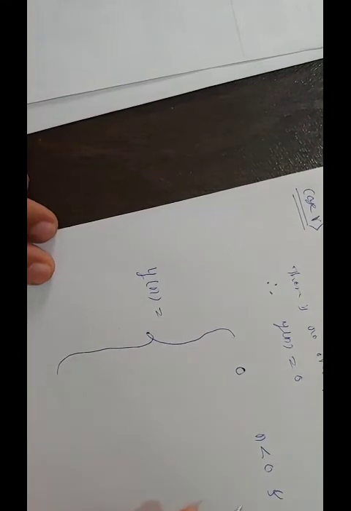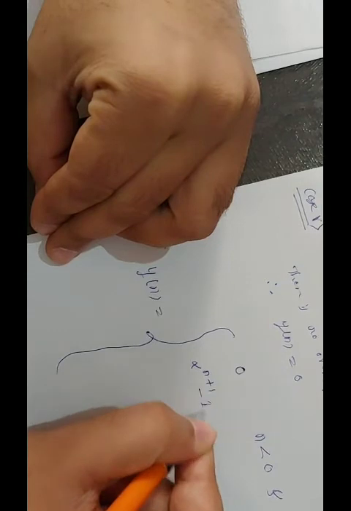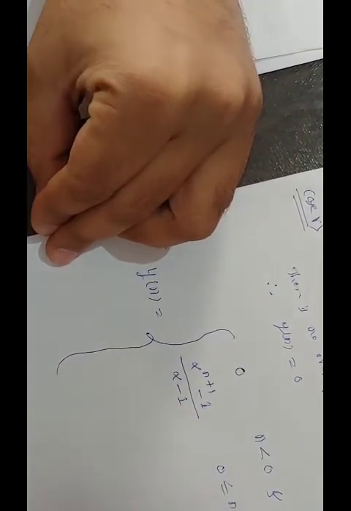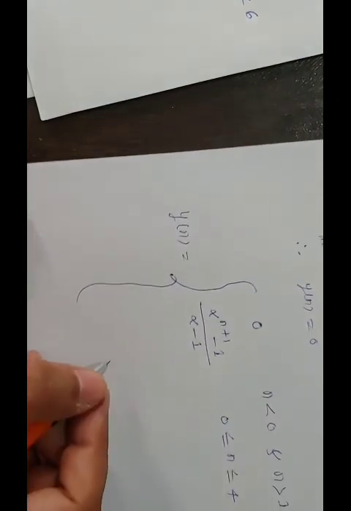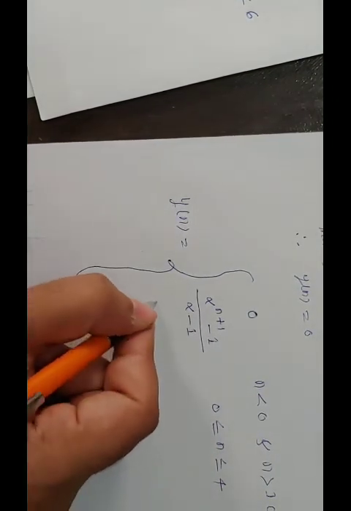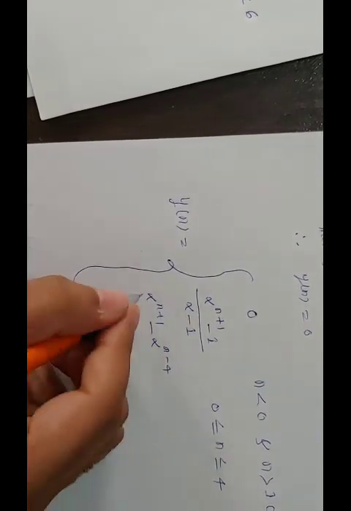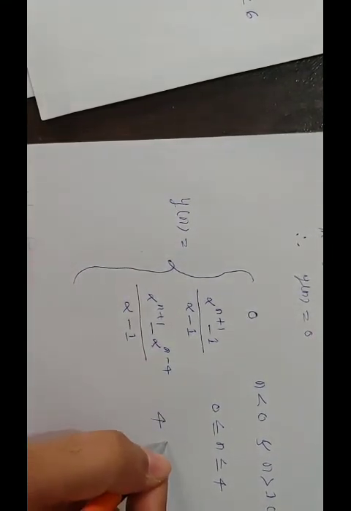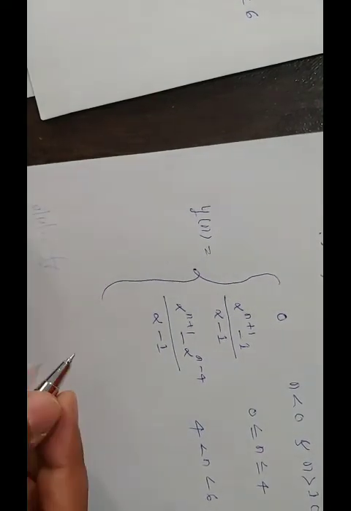For the case number 2, the answer is alpha to the power n plus 1 minus 1 divided by alpha minus 1, for 0 less than or equal to n less than or equal to 4. Then case number 3, I am getting here alpha to the power n plus 1 minus alpha to the power n minus 4 divided by alpha minus 1. So this is the range I am getting.